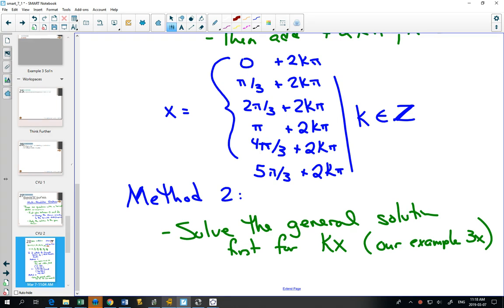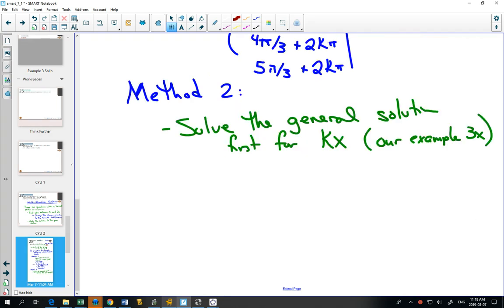We solve the general solution first. Then solve for x.